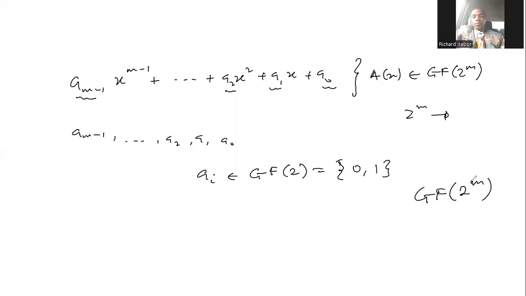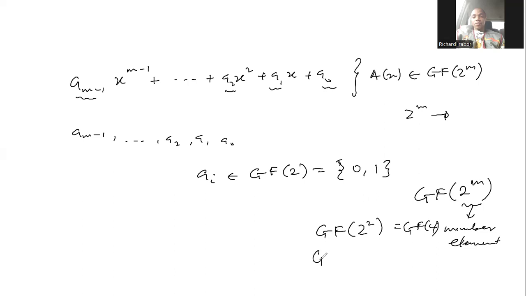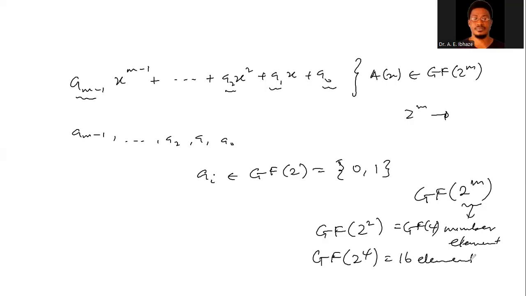Now, what we have here tells us the number of elements. So if, for instance, we have the finite field 2 to 2, this is going to give us 4 elements. What about 2 to the 4? This is going to give us 16 elements. Now, the finite field 2 to the 3 will give us 8 elements.